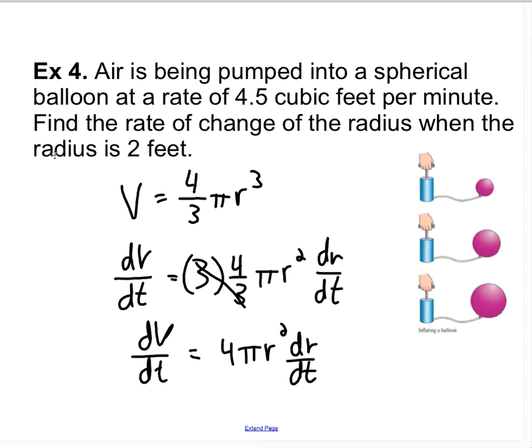r, well, they did right here, when the radius is 2 feet, so I'm going to plug in the 2 over here to r. And dV/dt, well, look what they gave me. Air is being pumped into a spherical balloon at a rate of 4.5. Air being pumped into the sphere, that's my change in volume, right? dV/dt is 4.5. I'll put it in as 9/2, so we don't need to use our calculator.